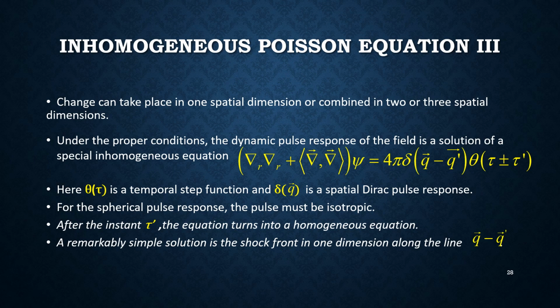For the spherical pulse response, the pulse must be isotropic. After the instant tau accent, the equation turns into a homogeneous equation. A remarkably simple solution is the shock front in one dimension along the line spatial q to spatial q accent.